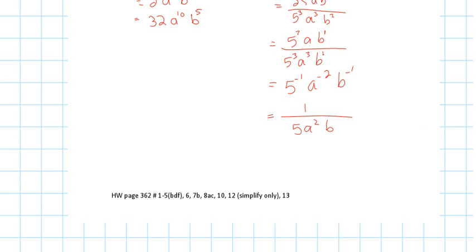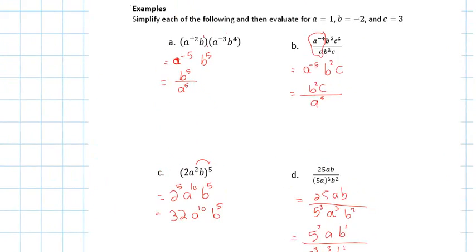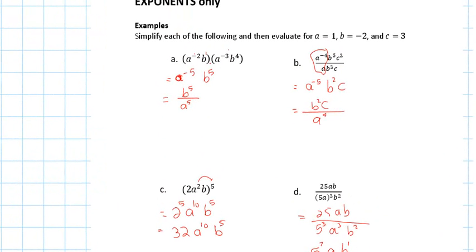Okay, now let's go back and do the substitution. I know that b is negative 2, a is 1, and c is 3. So let's substitute it in. Since b is negative 2, it's going to be negative 2 to the power of 5 over 1 to the power of 5.